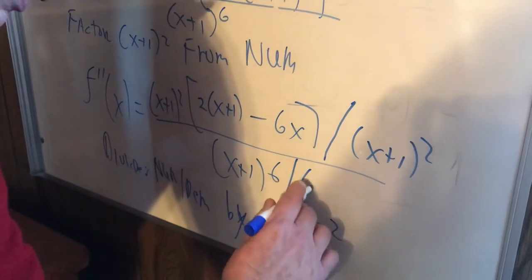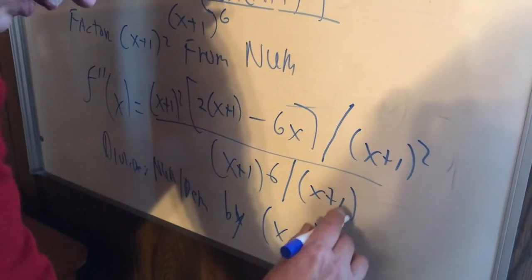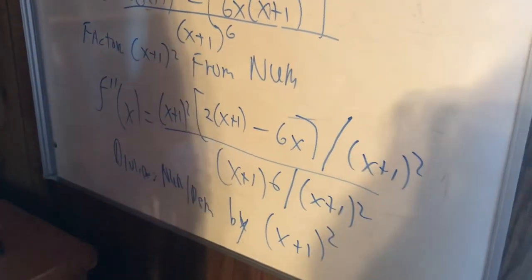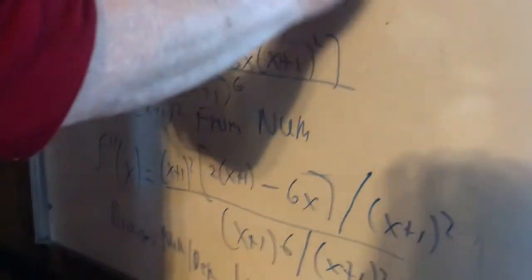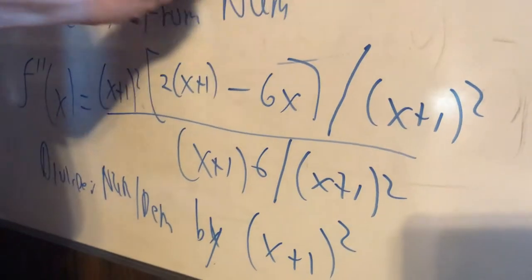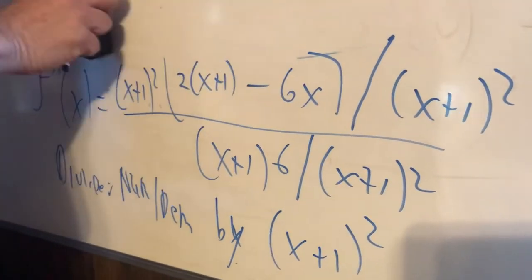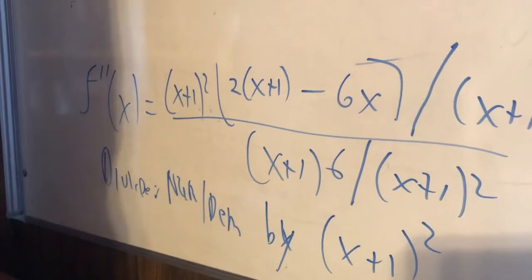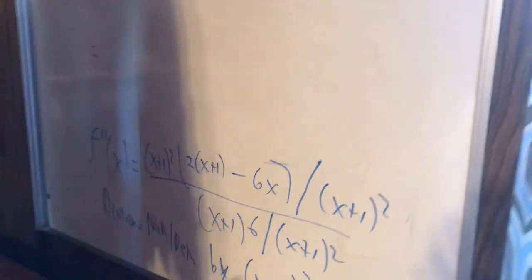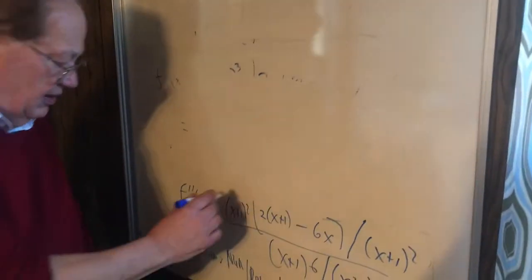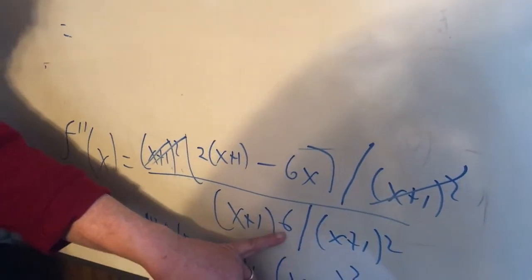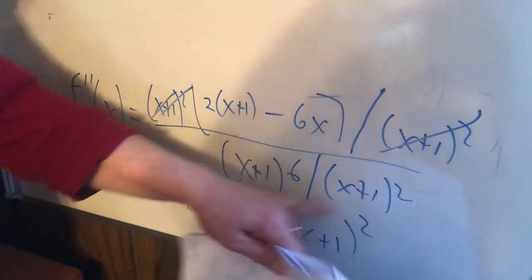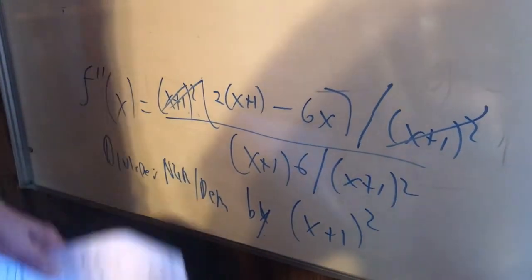Divide by (x plus 1) squared. All right, I don't have a lot of room on this board, so I have to compress some things. Sorry, but you do have the notes where I've done it out a little bit better. Okay. So what happens when I divide by (x plus 1) squared here? That cancels. What happens when I divide 6 by 2? I subtract 6 from 2, and I get (x plus 1) to the fourth.